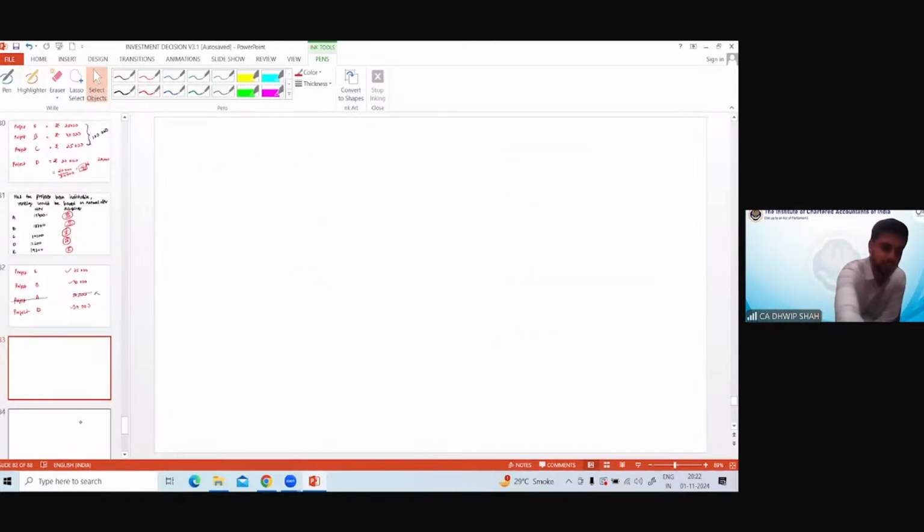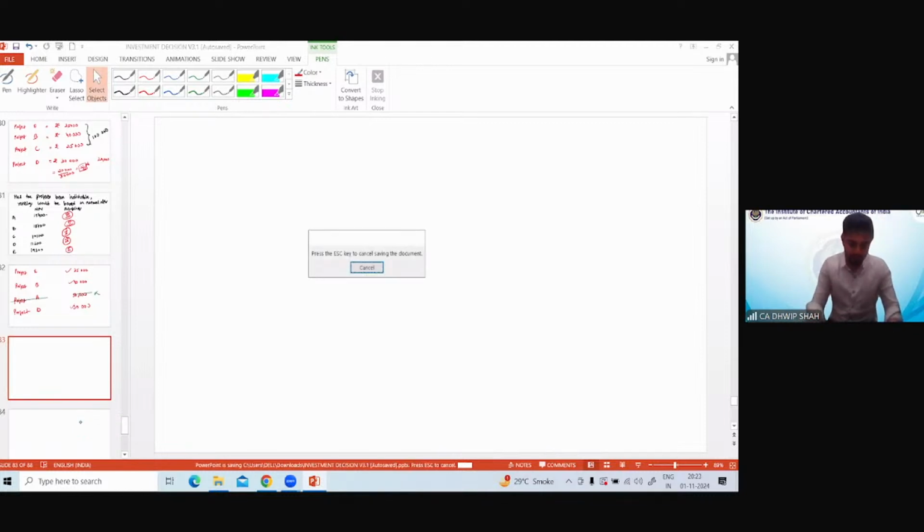So with this, we complete all the topics, all the concepts of capital budgeting. We started with different techniques. There are 7 different techniques: payback period, discounted payback period, accounting rate of return, IRR, NPV, profitability index, and modified IRR. 6 techniques we understood in previous 2 sessions. In today's session, we started with modified IRR, the first concept we learned today.